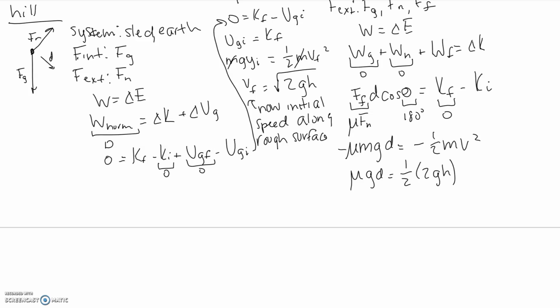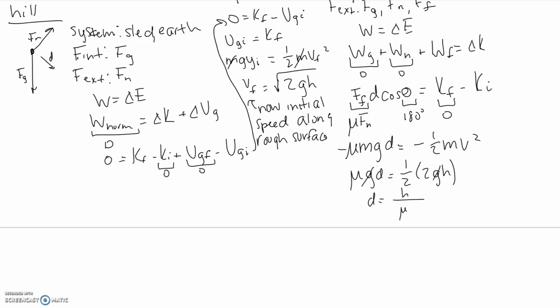So the 1/2 and 2 cancel out. Then our displacement is going to be gh divided by, our g's cancel out too. So we've got h divided by mu times d. Don't know why I divided by d there.